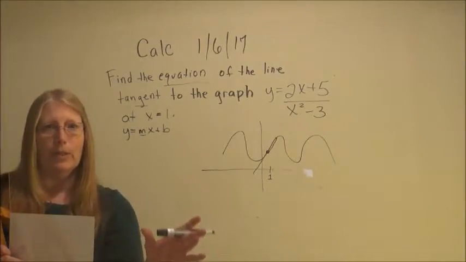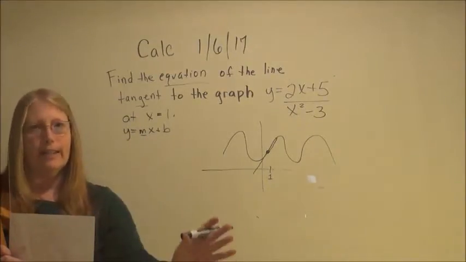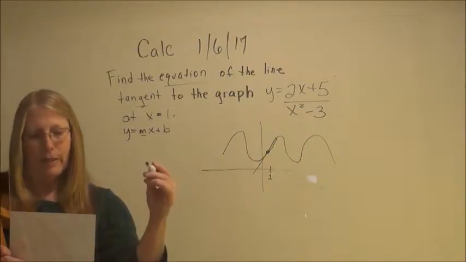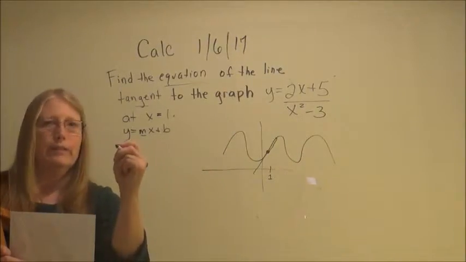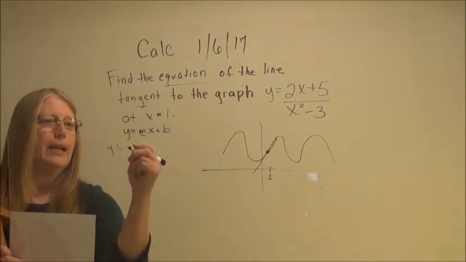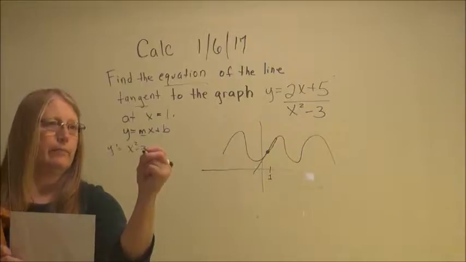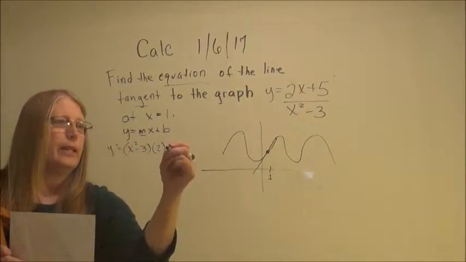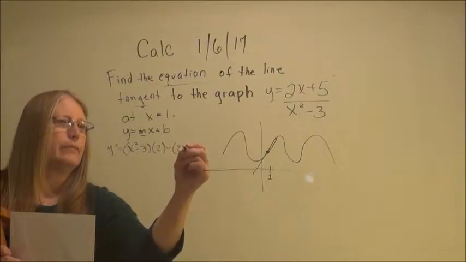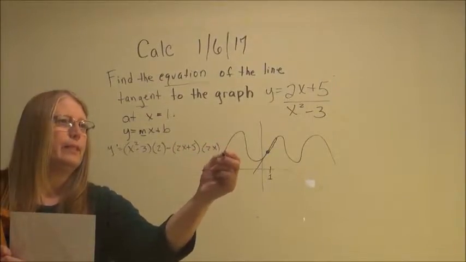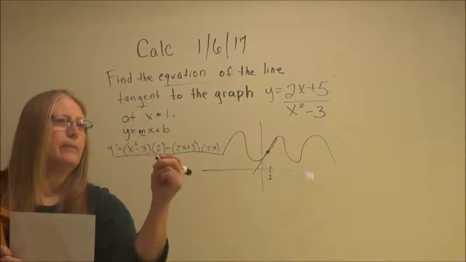Using the quotient rule, the derivative is the bottom times the derivative of the top, minus the top times the derivative of the bottom, all over the bottom squared.